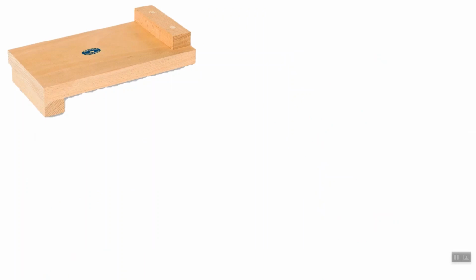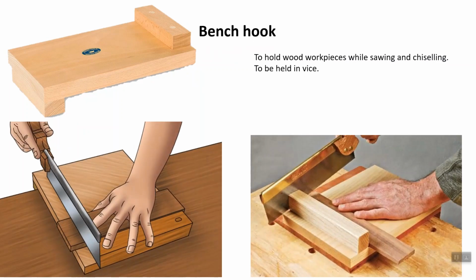Then another holding tool is called the bench hook. The bench hook is generally made of wood. It has two sides that are the same. You clip it on your workbench, and you can use it as a holding tool when you're cutting workpieces, as you can see in the picture.